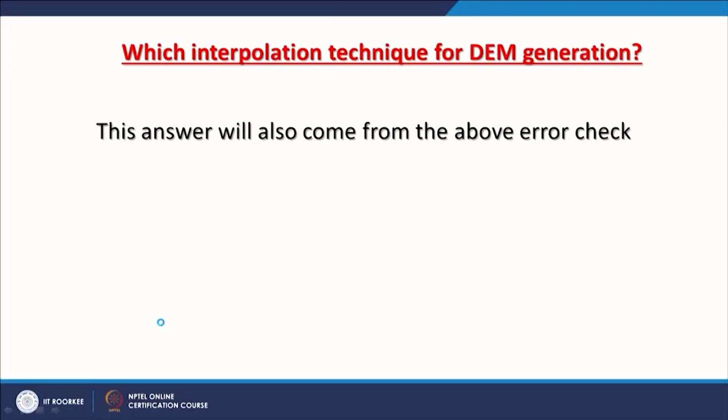Then I will use all 100% points and that particular interpolation technique to generate the digital elevation model. So I would know that this digital elevation model is more accurate than one from any other interpolation technique. This answer will come from the error which I have just discussed.